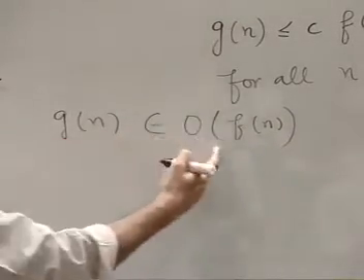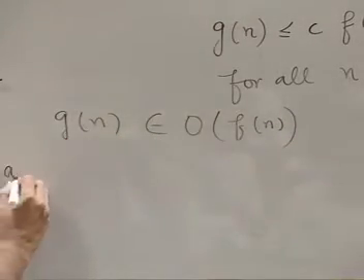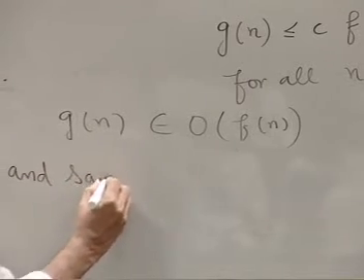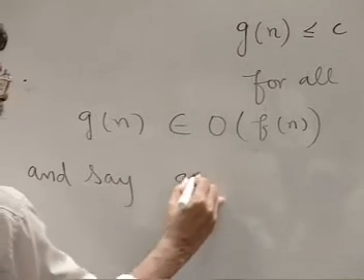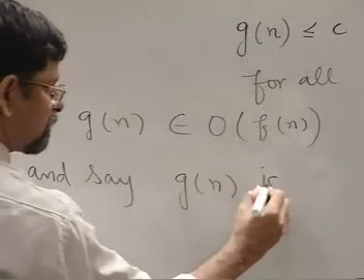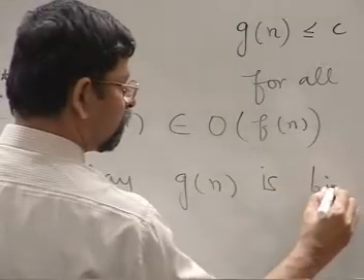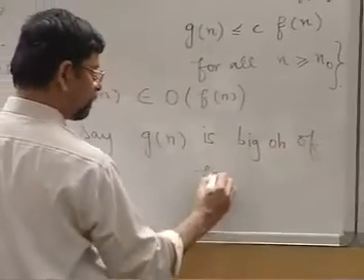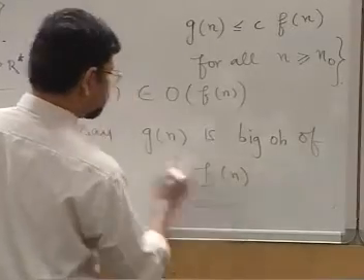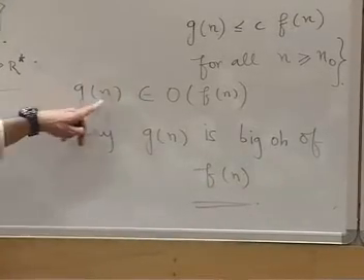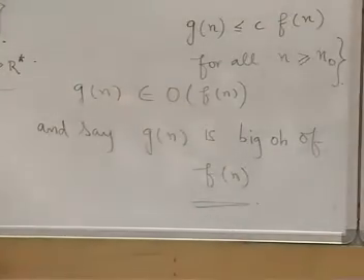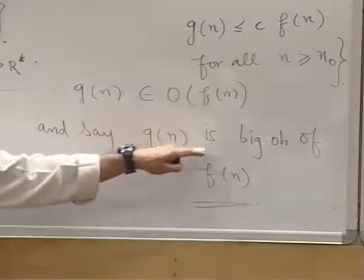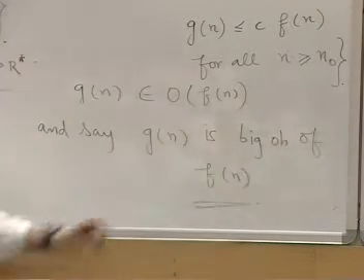So this function belongs to that set, and we say g of n is big O of f of n. This is how it is read. G of n belongs to this set, and we say this as g of n is big O of f of n.